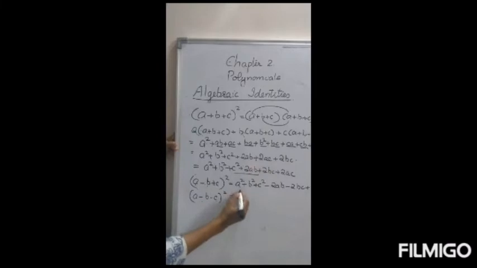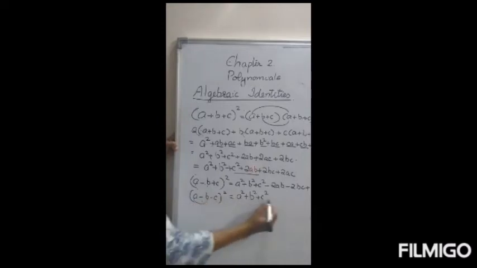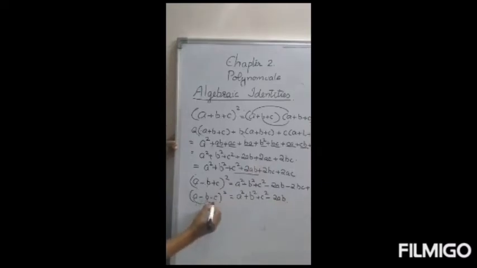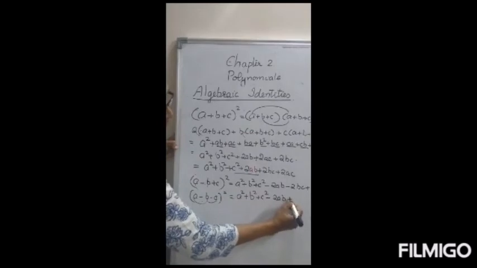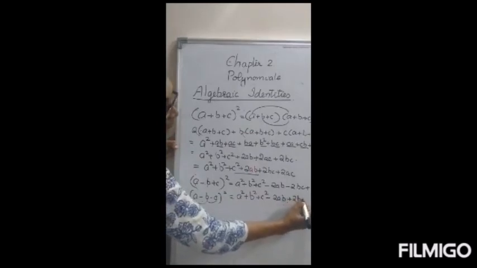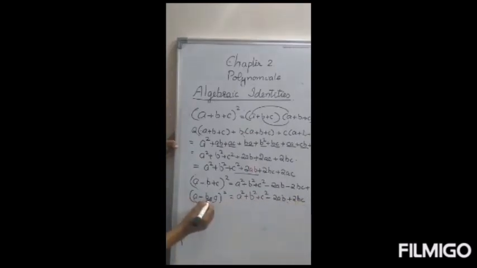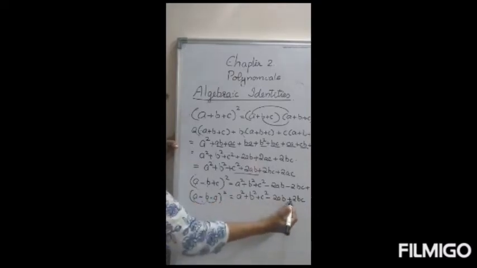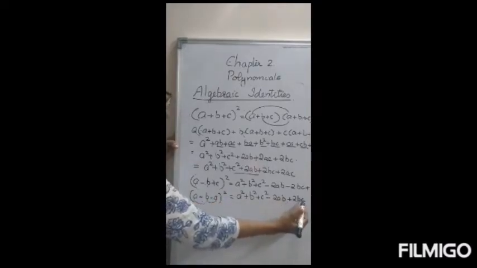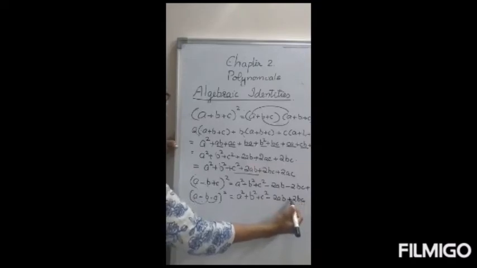And if it comes (a - b - c) whole square, that means in two terms there is minus. So the first three will be same: a² + b² + c². Here a into b, that minus is in b, so it will become minus 2ab. For bc, that is minus b into minus c, that means it becomes plus 2bc, since minus and minus, two minuses, make plus.